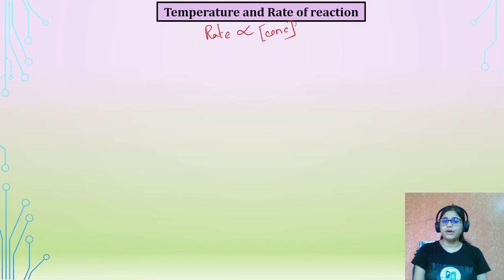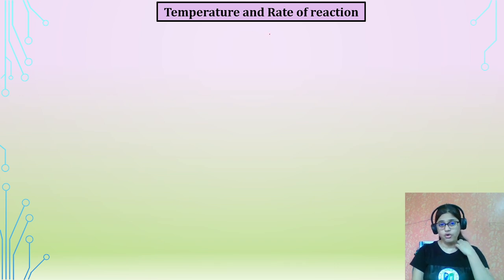But here the power will be different, like it is the order. So it can be concentration to the power 1, 2, or various kinds of concentration can be there. So rate is depending on the concentration of reactant molecule. From that only we got the experimental values, and we know what the rate law is for a particular reaction. Okay, that is a different thing.